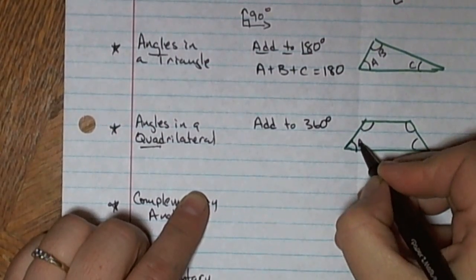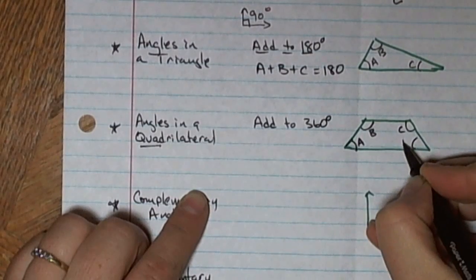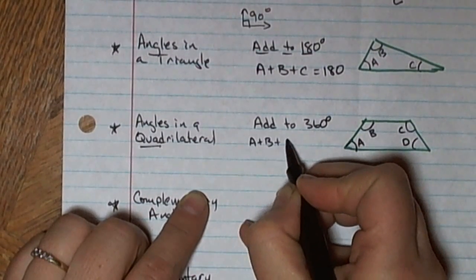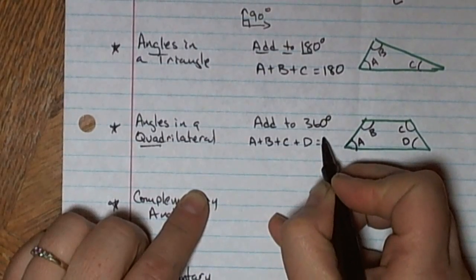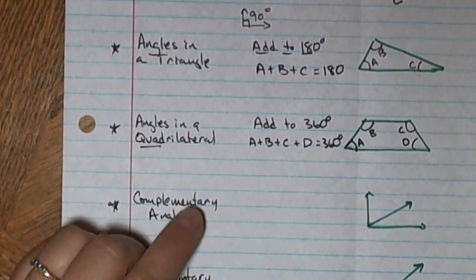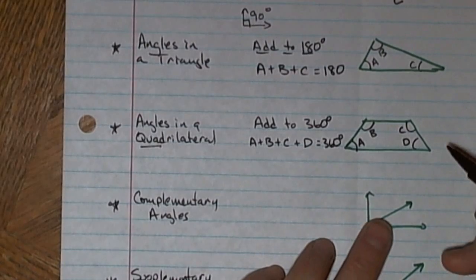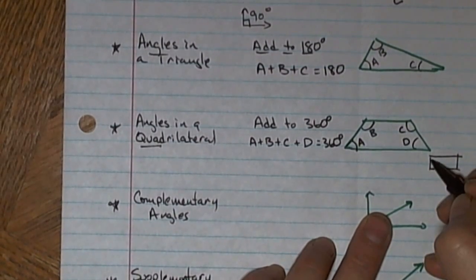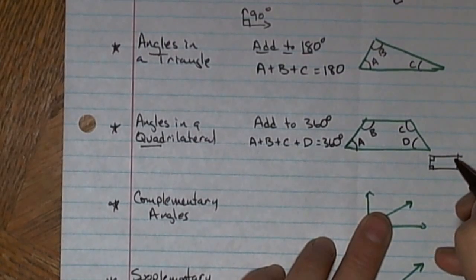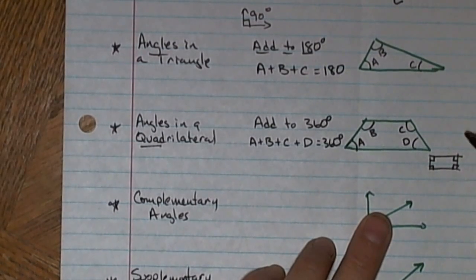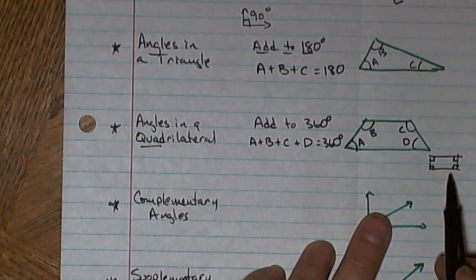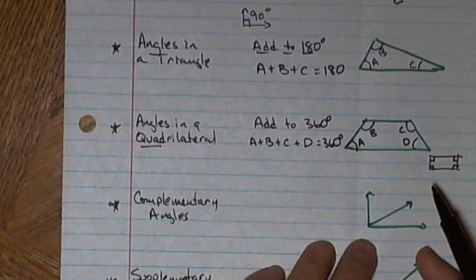If I label those A, B, C, and D, I know that if I add them up, I'd get 360 degrees. One way I can remember that is one special type of quadrilateral is a rectangle, and a rectangle has 4 90-degree angles in it. If I add 90 plus 90 plus 90 plus 90, I get 360. That's one of the ways that I remember that one.